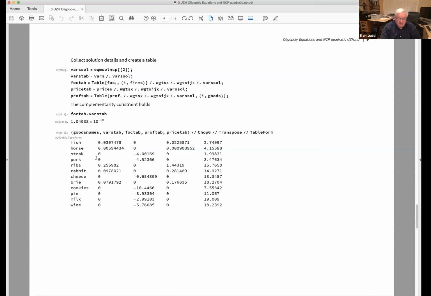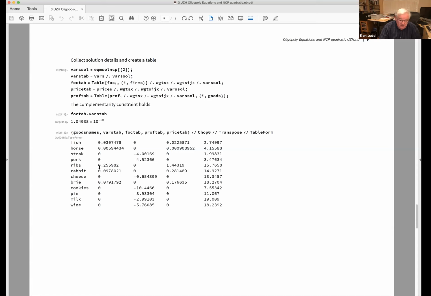The demand for the steak and pork is not good enough to support the cost. You see, the marginal cost here was 6 and here was 8. And so basically there's 0 output, but the first order condition is appropriately negative, because what that says is that an increase in output by either of these firms away from 0 reduces profits.